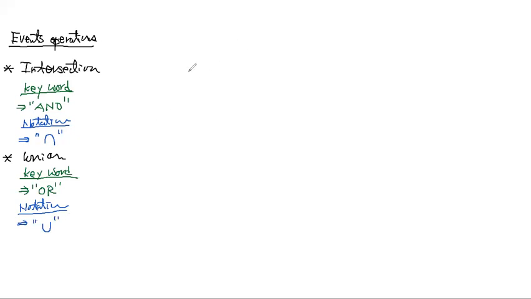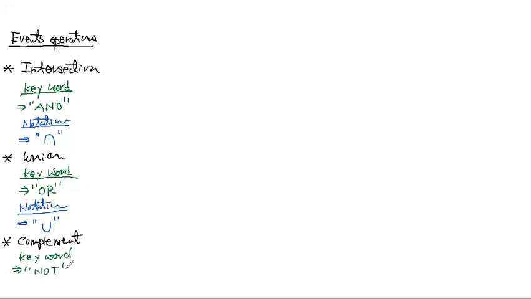Okay, so then the next operation we're going to see is called the complement. So what does the complement mean? The keyword you will try to see here will be "not."